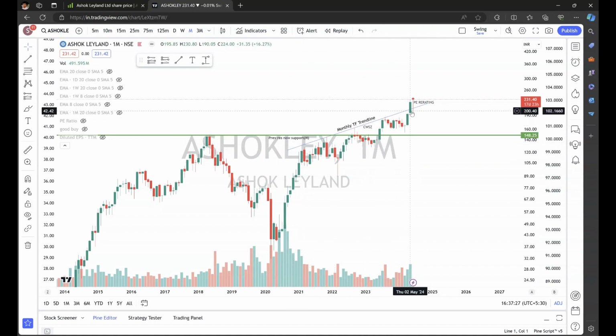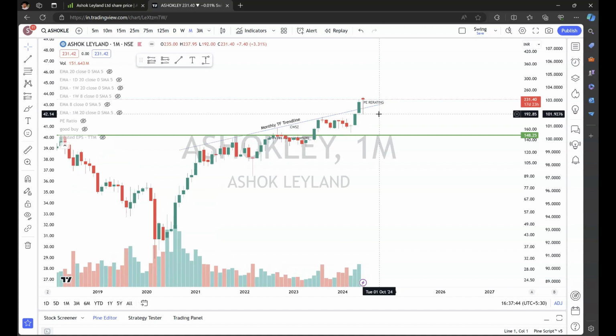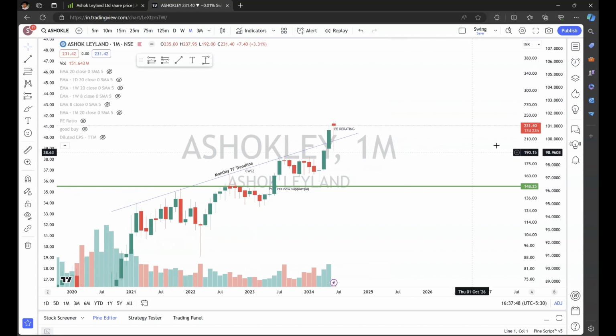This trend line was broken in May, which is last month, and in June you can see the price last week came to the start of the monthly candle. So you had a very good opportunity to enter as well. Currently the price is at 231 levels.